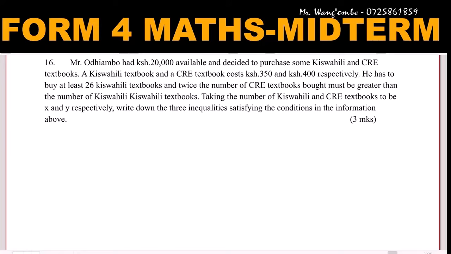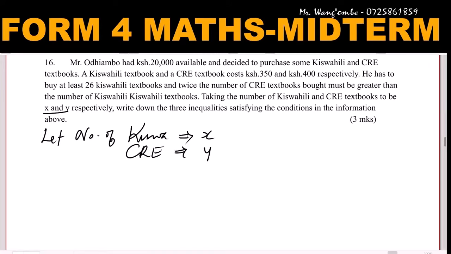So after reading carefully, you're supposed to come up with three inequalities satisfying those conditions, and you have to let the number of Kiswahili books be represented by X, and CRE books be represented by Y. So you go to the first statement.